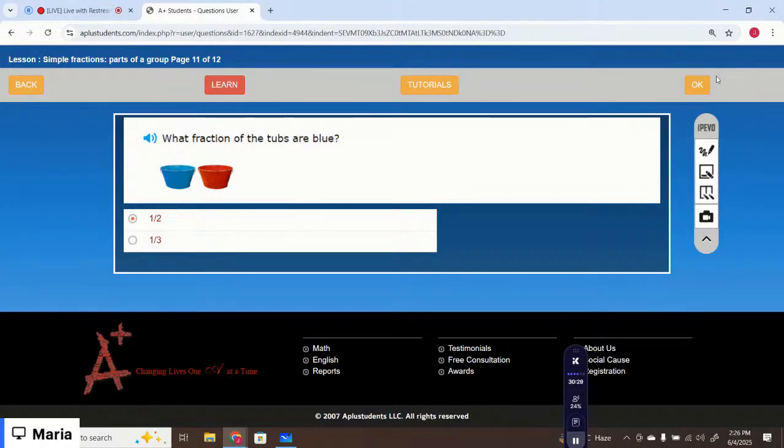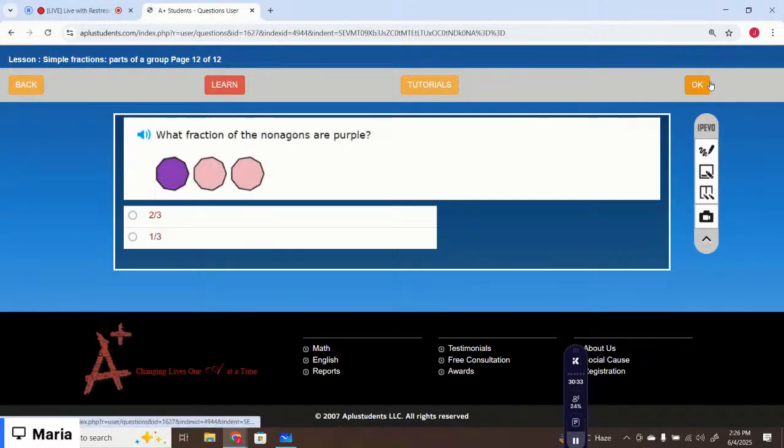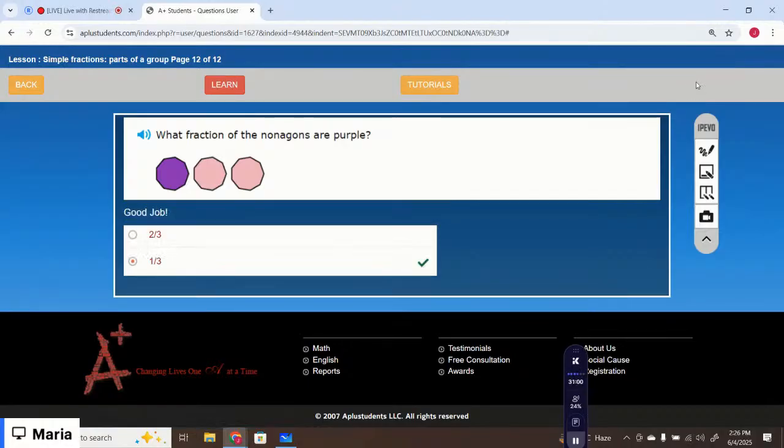Option number one is the correct option. That is one out of three. Some of the cones are purple. Option number two is the correct option. Okay, we are done with the lesson. Let's just move on to the next lesson.